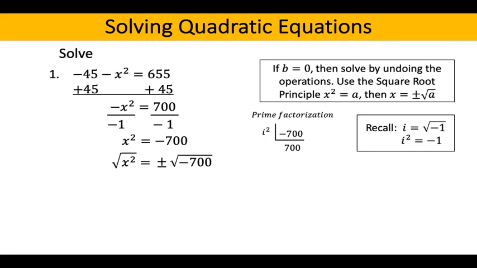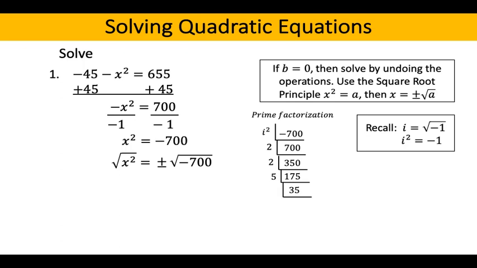We'll now use prime numbers to do our prime factorization. Dividing by 2, we get 2 goes into 700 350 times. Dividing by another 2, 2 goes into 350 175 times. We'll now need to divide by 5. 5 goes into 175 35 times.